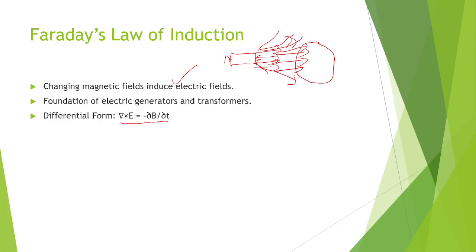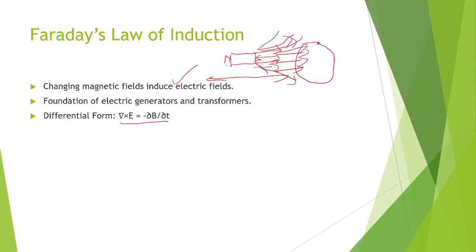Now if we move this magnet back and forth in a certain region, the magnetic lines passing through this coil will change in number.